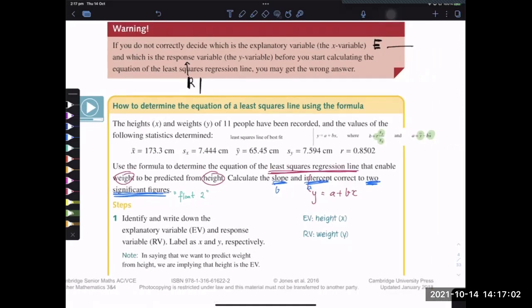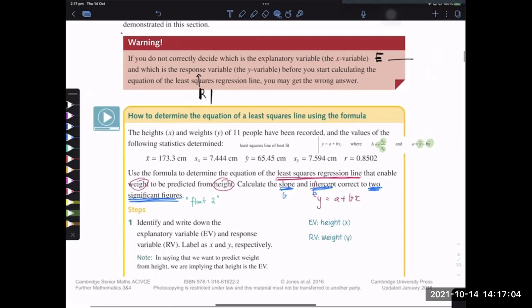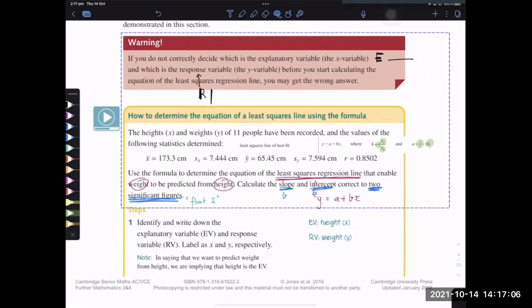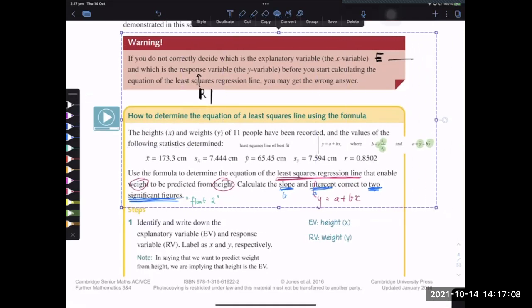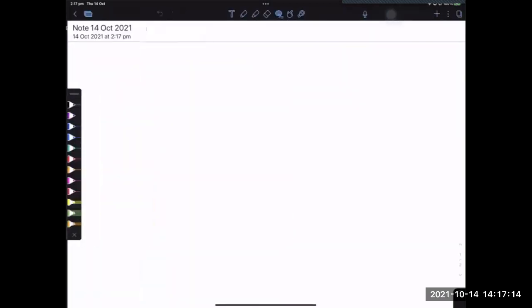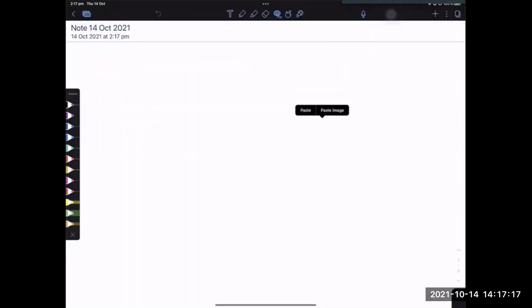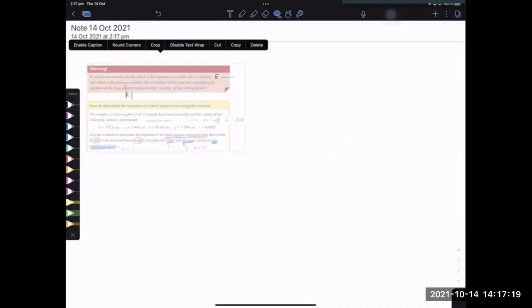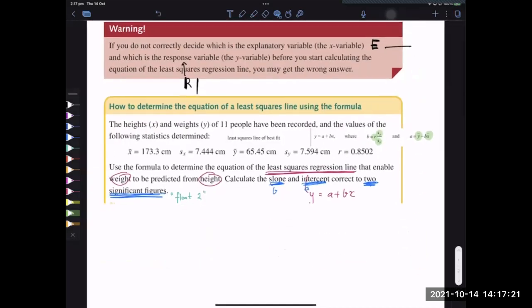Now, what I'm going to do is I'm just going to steal this here, bring it over to a separate document, so we can have a look and we can have some writing space.